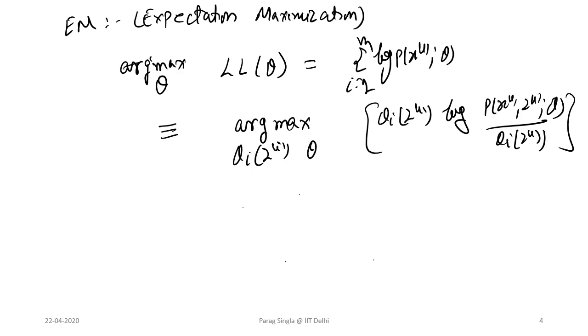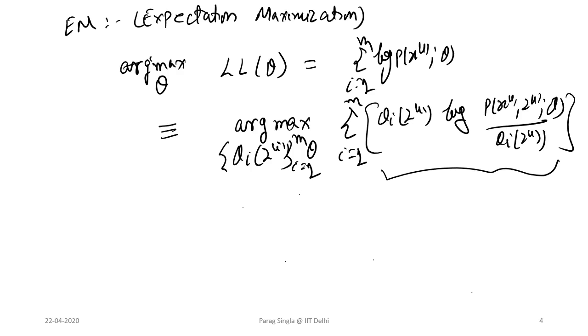So note what we have done here. Instead of optimizing the original log likelihood function, we can instead optimize this changed objective, which is our new objective: Q_i(z_i) log P(x_i, z_i; theta) over Q_i(z_i), with a sum over all examples, optimized with respect to two sets of parameters, Q_i(z_i) for all i and theta.